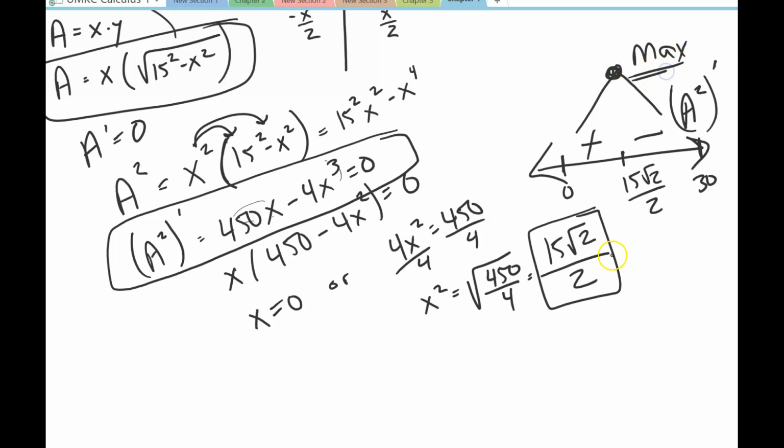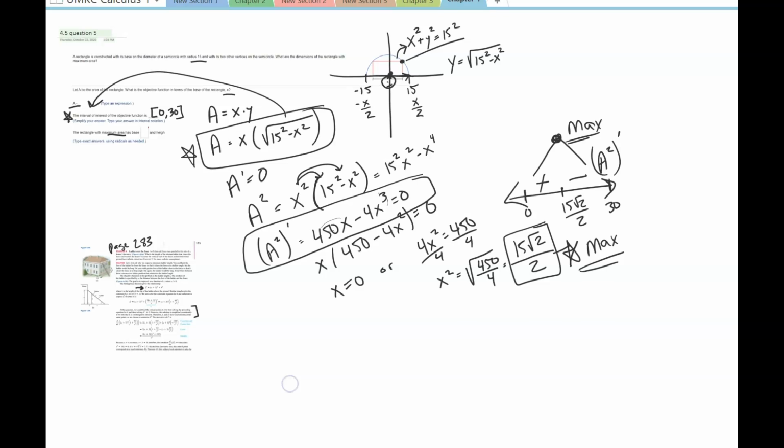This is just a little bit extra work to verify that this critical point is in fact a maximum and not a minimum. I could have also known that it's a polynomial, and so it's going to be opening down.